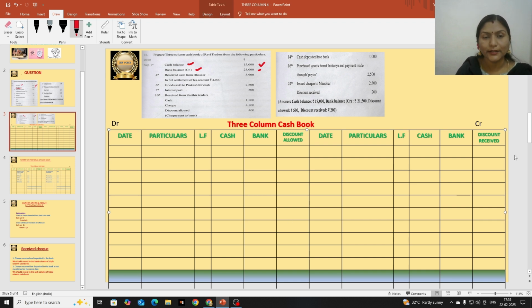We write on the debit side, because the cash balance we are going to write on the debit side. What is the date? 1st September 2018. We can write 1-9-2018.